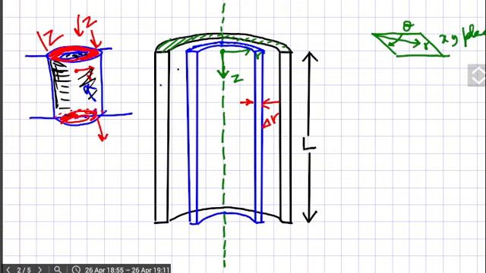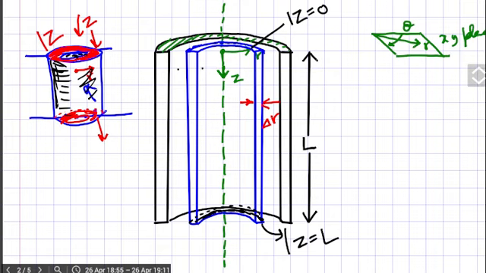One is the Z phase and another is the R phase, and you can represent these phases very well. So this is your Z phase, and you will call this face z is equal to 0, and this horizontal face you will call the z is equal to L face.